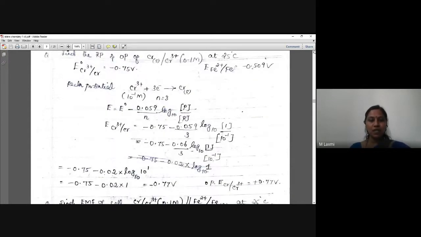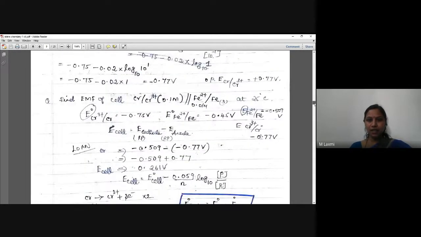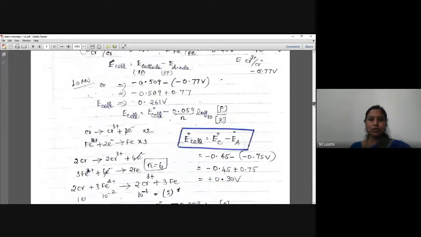See, find the reduction potential and oxidation potential of Cr by Cr3 plus, Fe2 plus and Fe, I have given, right? So I think I might have done a continuation. For many numericals I have used one equation to get E naught or E. But here, to find the EMF of cell, we have not used E of cell anywhere.